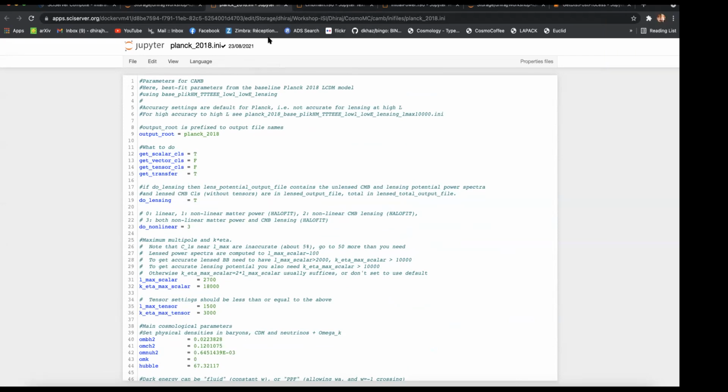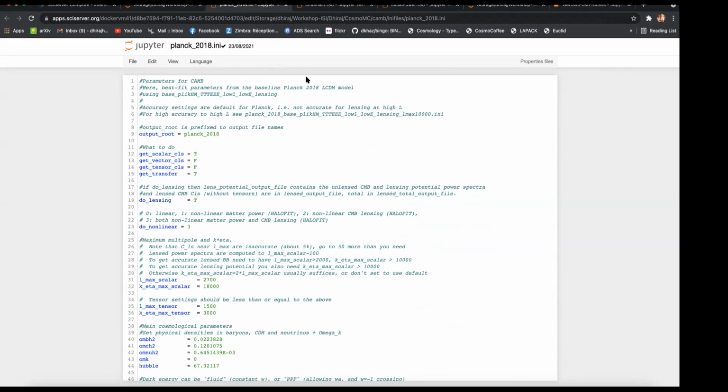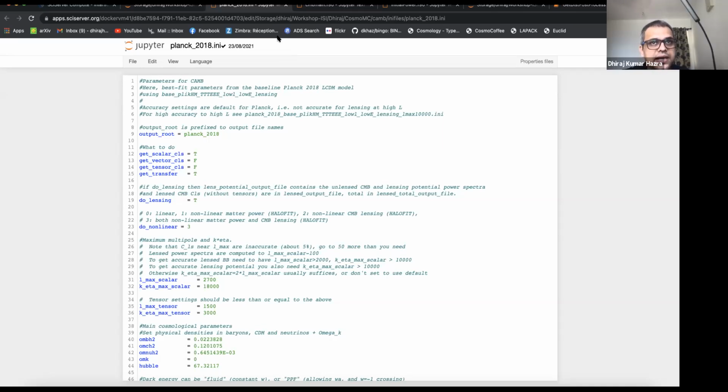By the way, if you have downloaded CosmoIMSc from Git, using git clone, you have to say --recursive so that you can download the folders inside the CAMB directory as well.